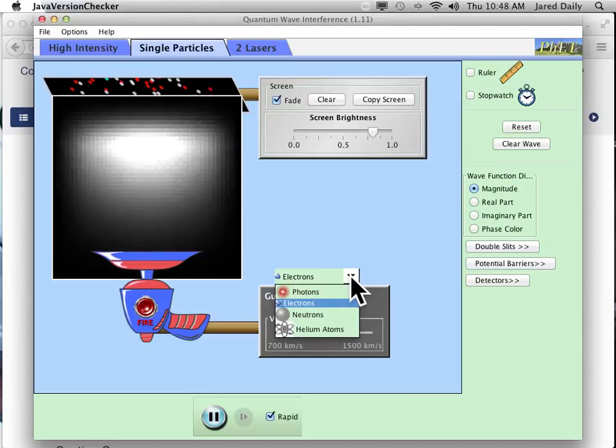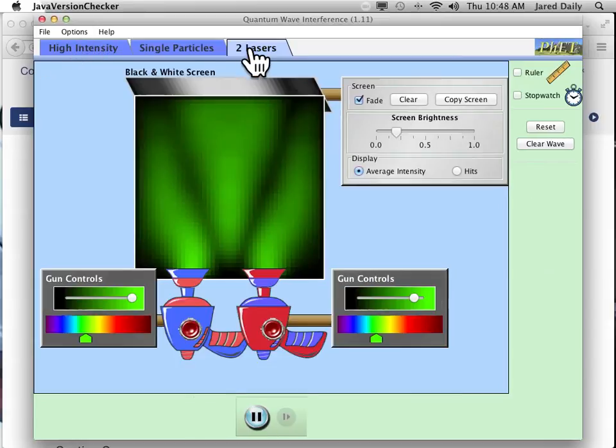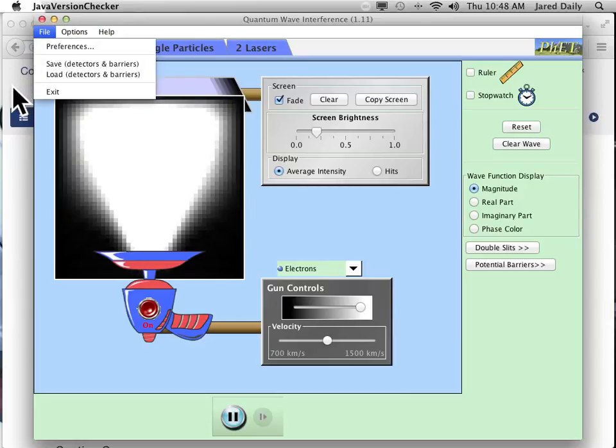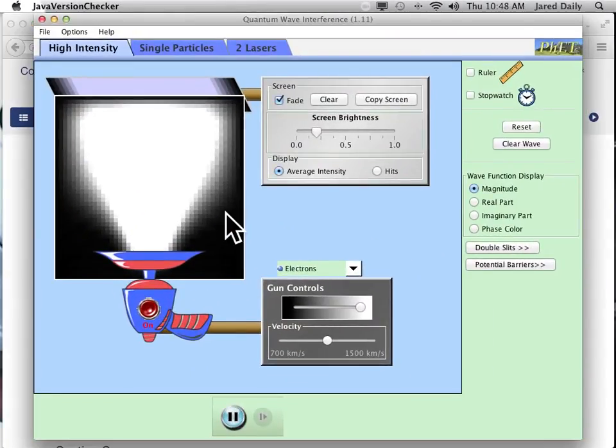Why can't I do particles over here? I want to do particles here. I'm assuming it does. Oh, lost one. Oh, here we go. I can do it over here.